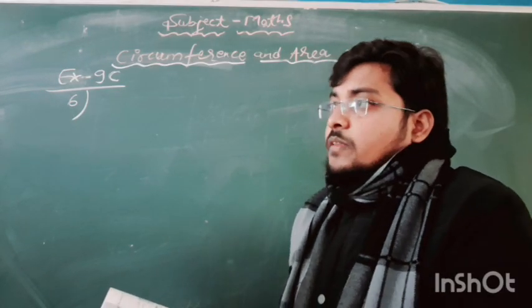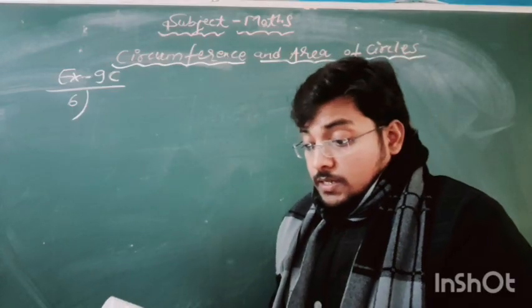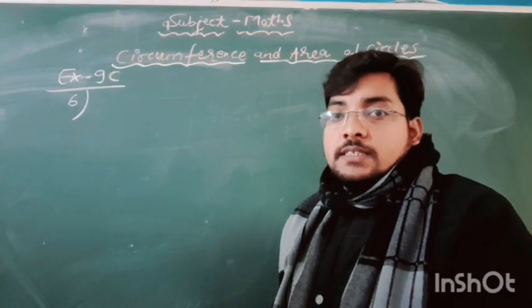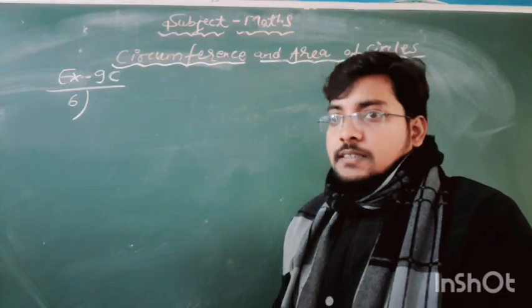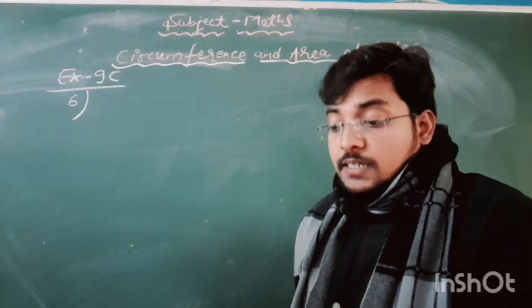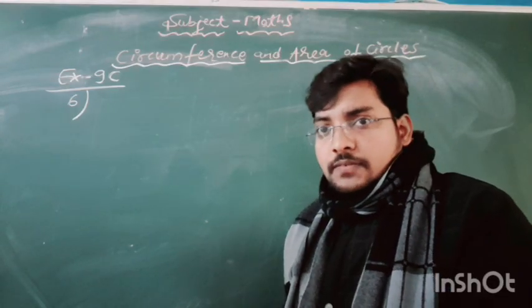So we know the circumference of the circle is 2 pi r. If radii is different, then the circumferences are different.